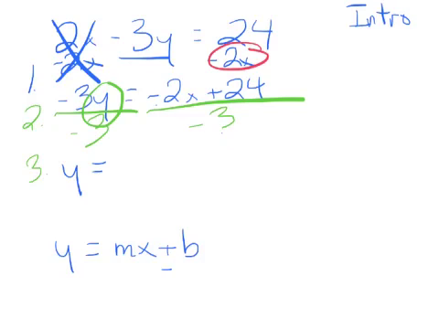That's going to look like this: negative 2 over negative 3x, plus 24 divided by negative 3, which is plus negative 8.